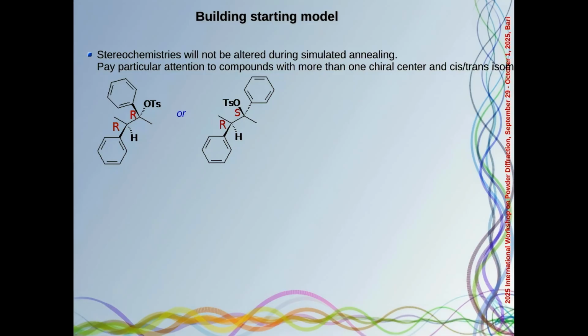This could be interesting, particularly if I have more chiral centers in my molecule, so I cannot prepare several starting models. The simplest situation is the double bonds: if I don't know the configuration around the double bond, I have to prepare two different starting models. Or alternatively, I can optimize this double bond, expecting to obtain the correct configuration at the end of the structure solution process.